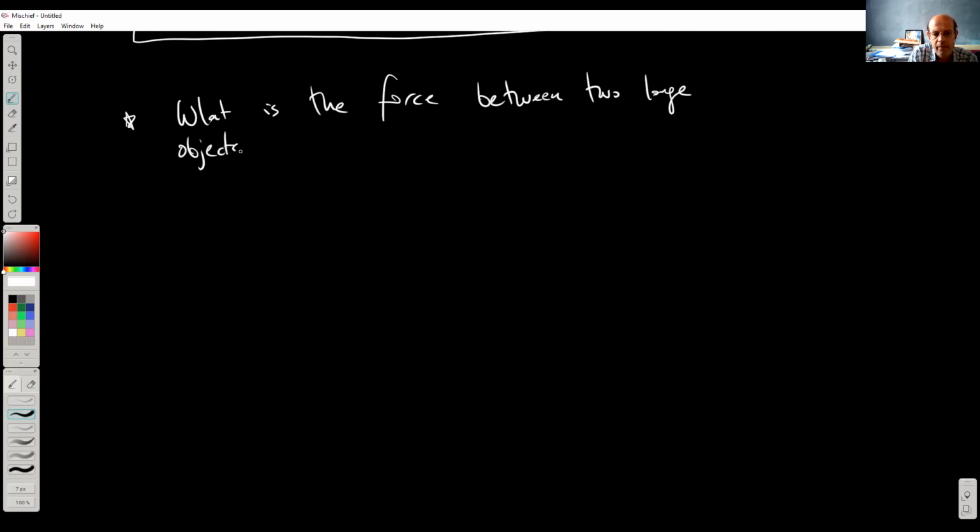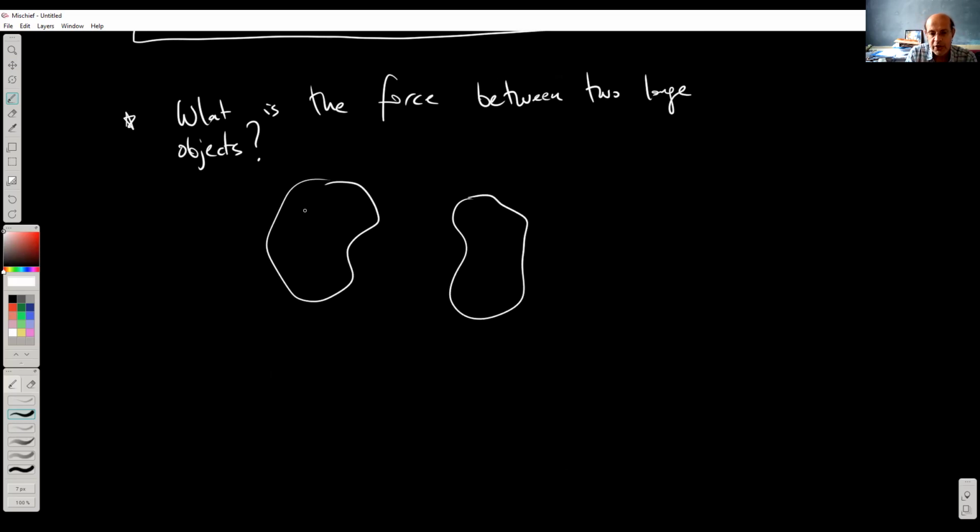The problem is, what is the force between two large objects? Something like this, for example. In that case, what we should do is divide each of these objects into small particles like that, right?